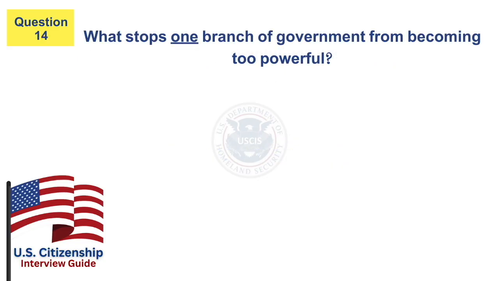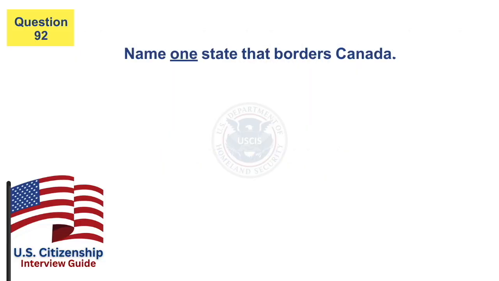What stops one branch of government from becoming too powerful? Checks and balances. Name one state that borders Canada.